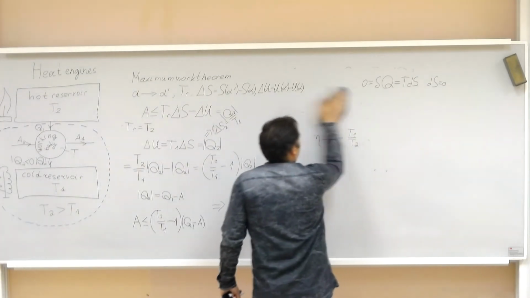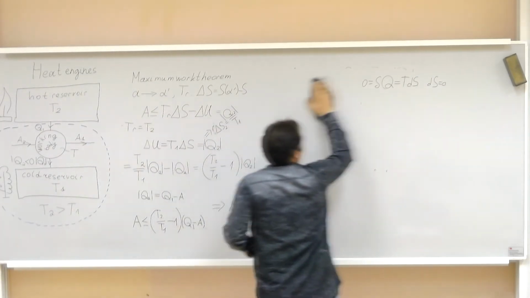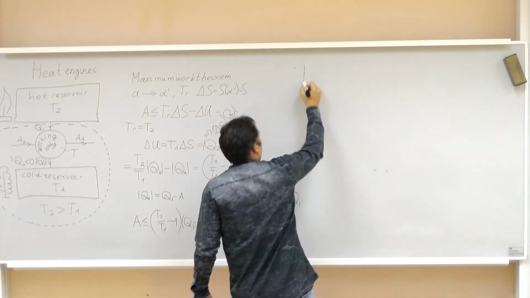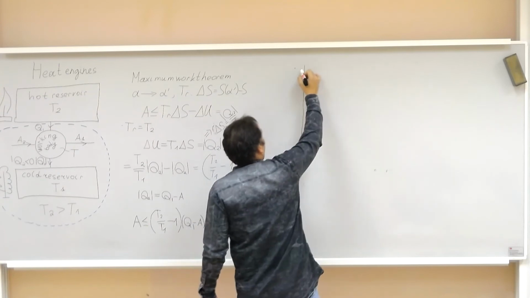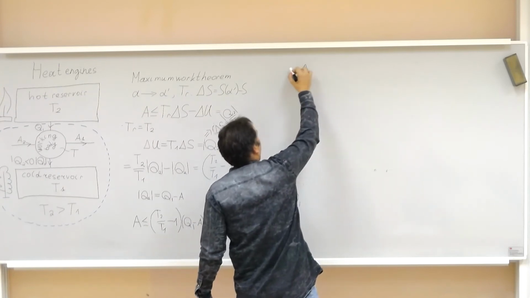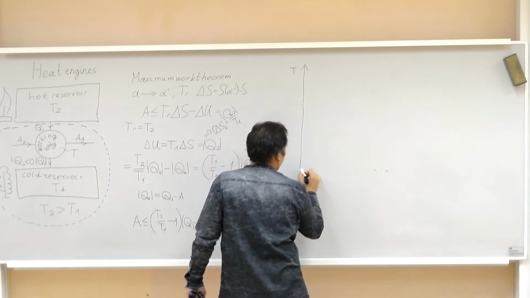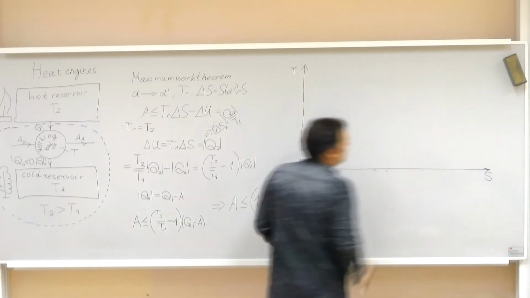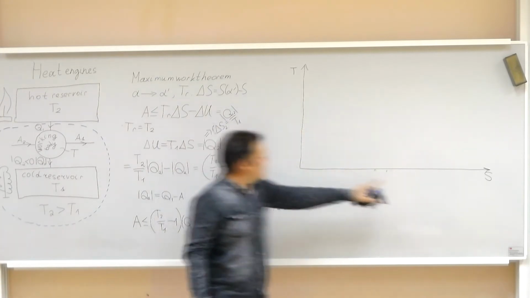All this means that the desired process should be the following. Let me draw, and we will make a break after my picture. I write it in the coordinates temperature and entropy.